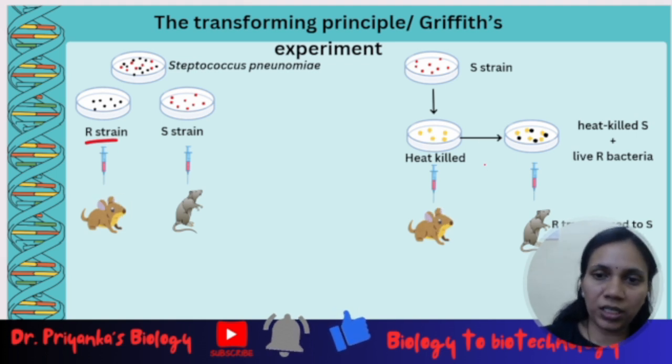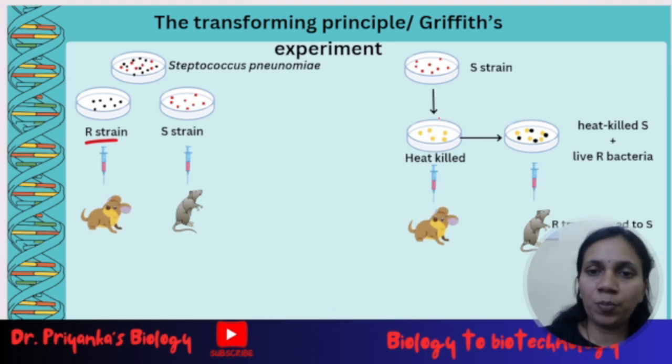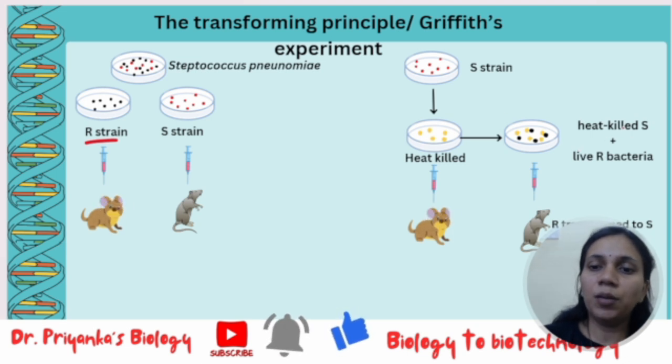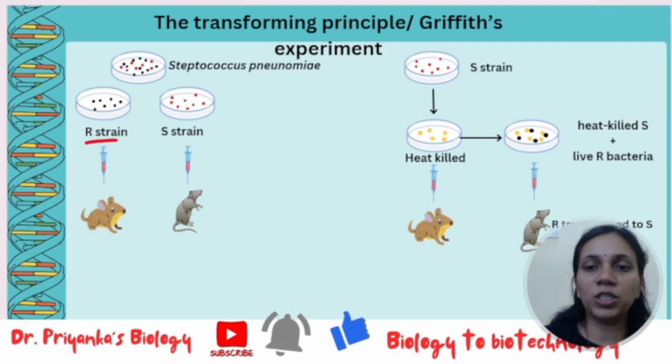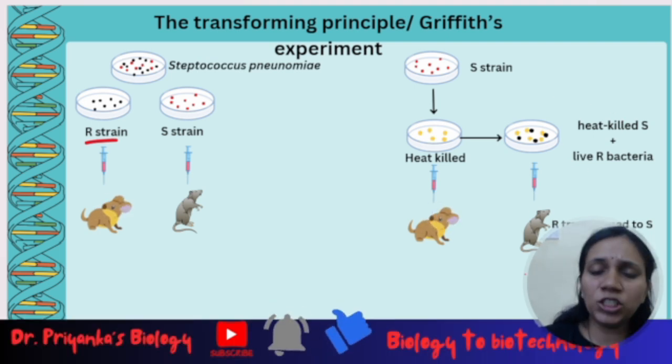Now further, what he did was he took the heat killed bacteria and mixed them, or inoculated them, with the live rough bacteria. He prepared a mixture of it and injected it into the mouse. Now to his surprise, he saw that the mouse was dead.